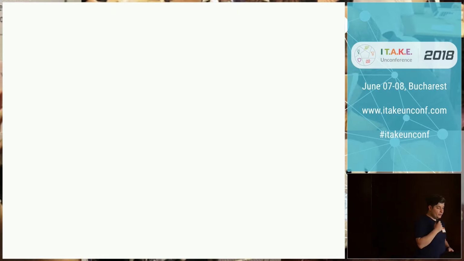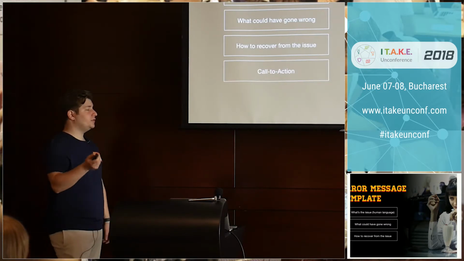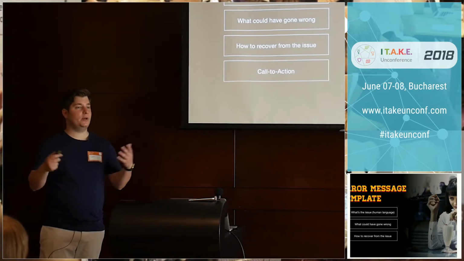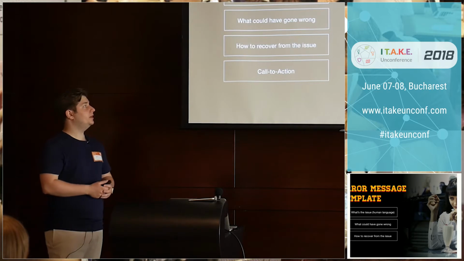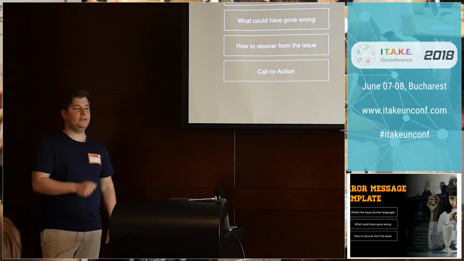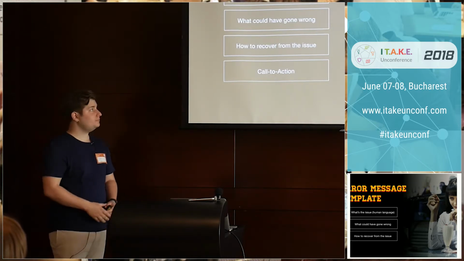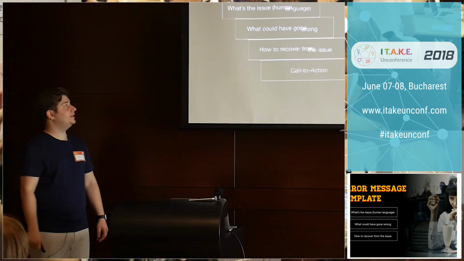And obviously the third element of a good error message template is showing and instructing the user how they could recover from that mistake or issue. And the last part is providing a call to action, which is a button or something that helps you to actually go through and not just hit OK, OK, I'm screwed. So this is the template.